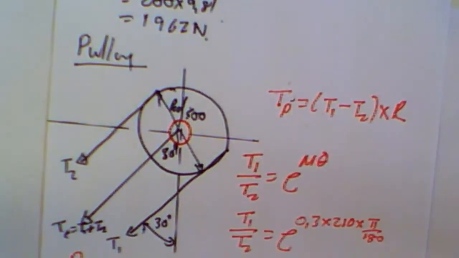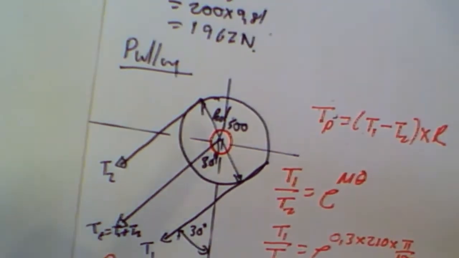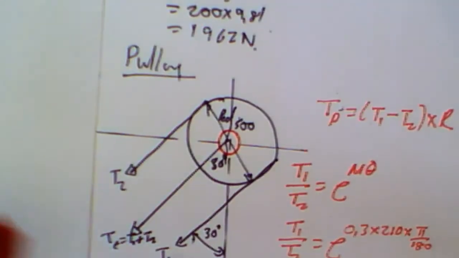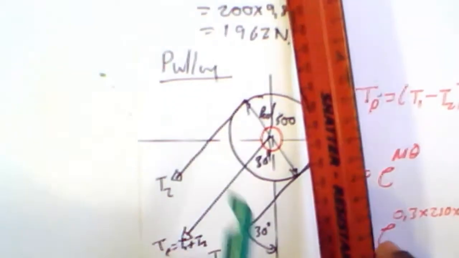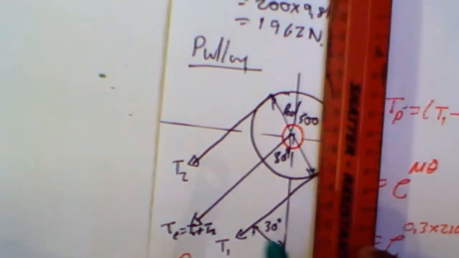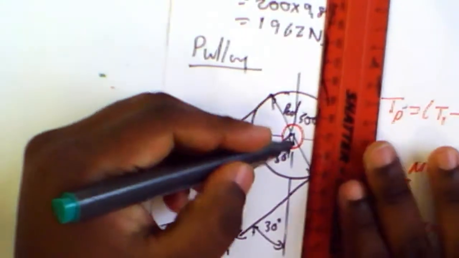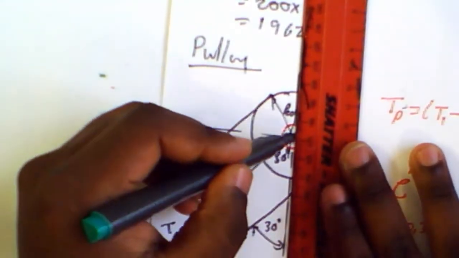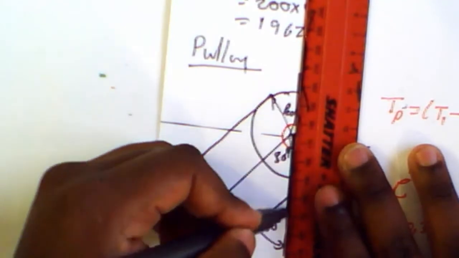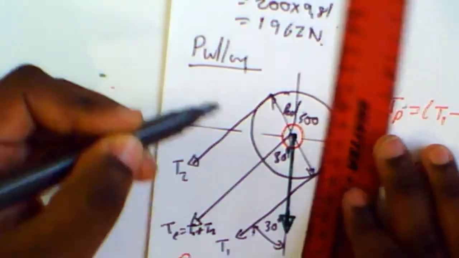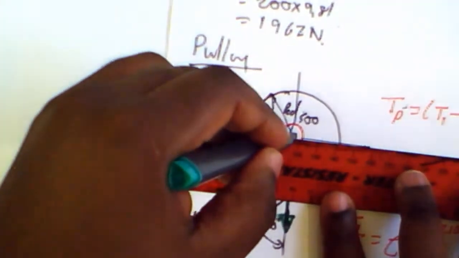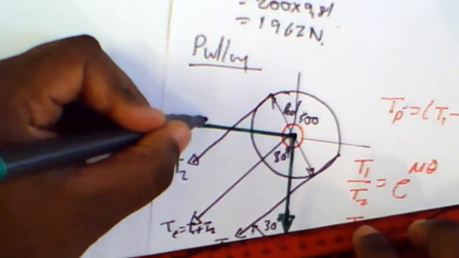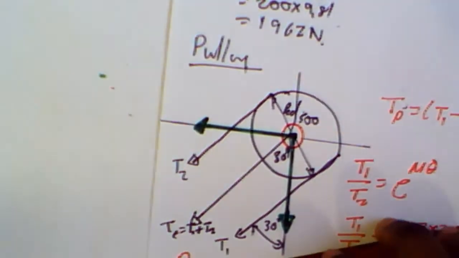And once I've added the two tensions, I'll need to resolve my total tension into horizontal and vertical forces. So this would mean that I would have a vertical force acting downwards, and a horizontal force acting to the left.